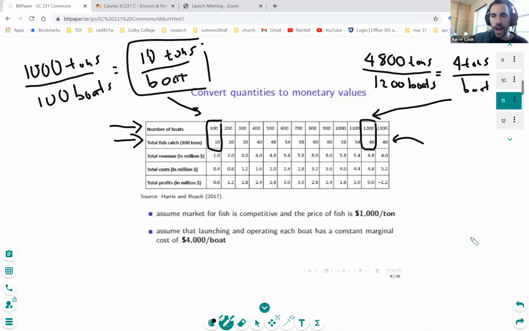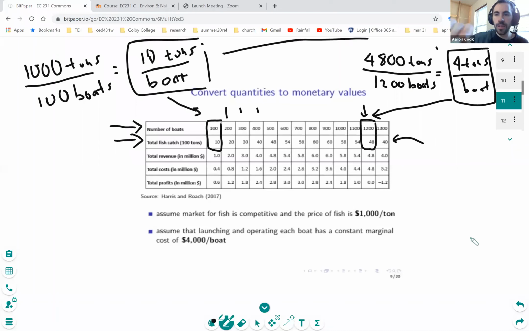And then you can do that for each of these columns, but you'll notice here on the right that you have 1,200 boats and 4,800 tons, which comes to four tons per boat. So the total catch per boat is going from 10 tons per boat all the way to 4 tons per boat as we start to exhaust the fish resources.